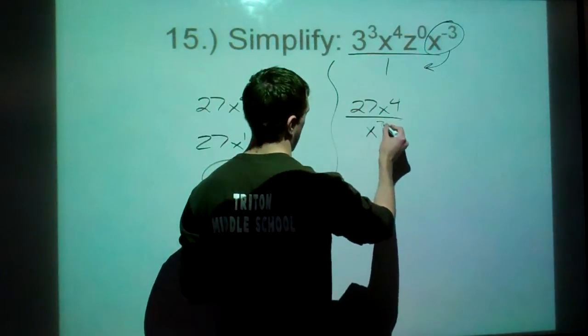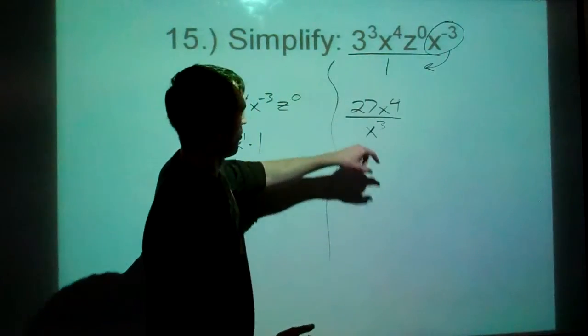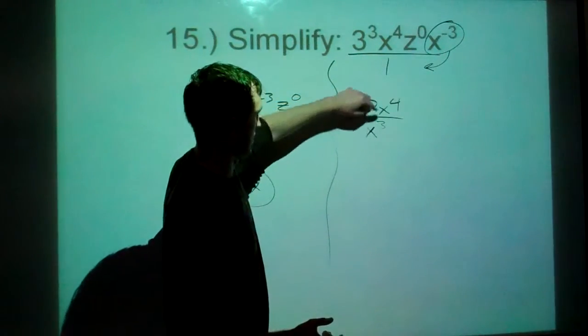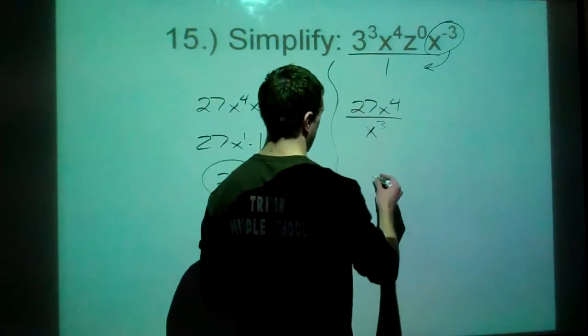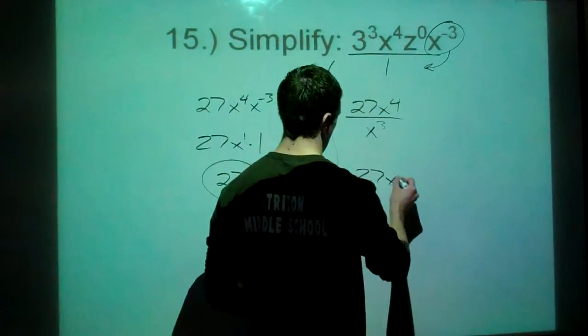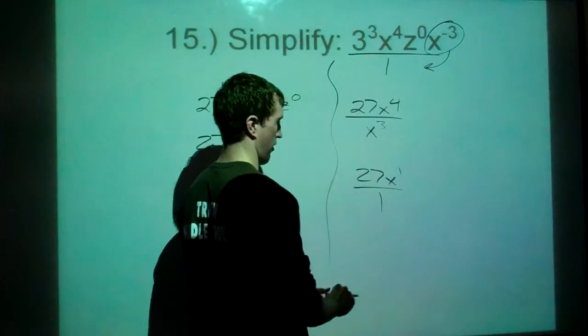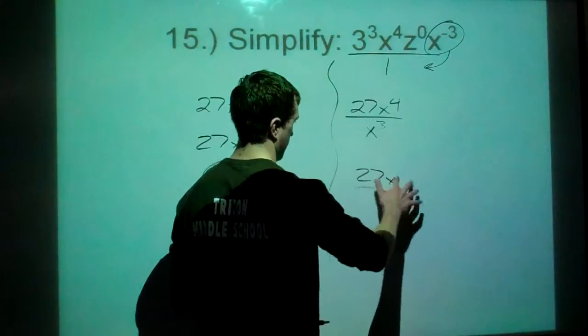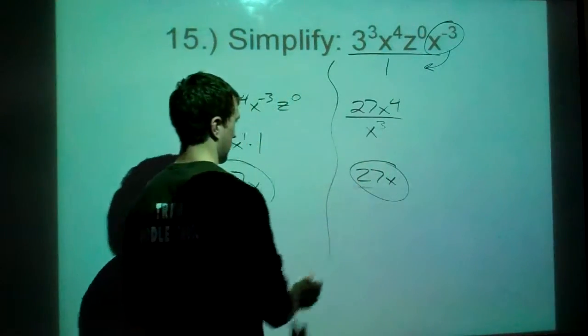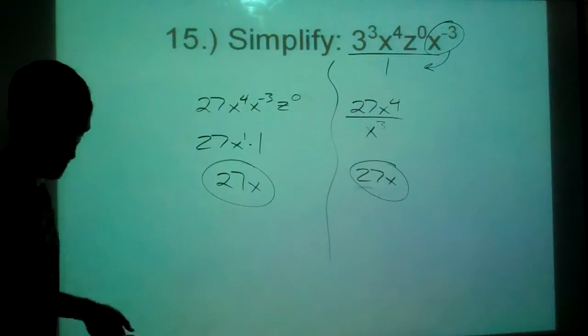And now x to the third is positive. Now we have same base, we can do 4 minus 3, and that leaves us x to the first on top, all over 1. But anything over 1 is just itself, and x to the first is just x, and we still get 27x. So whichever way you want to do it.